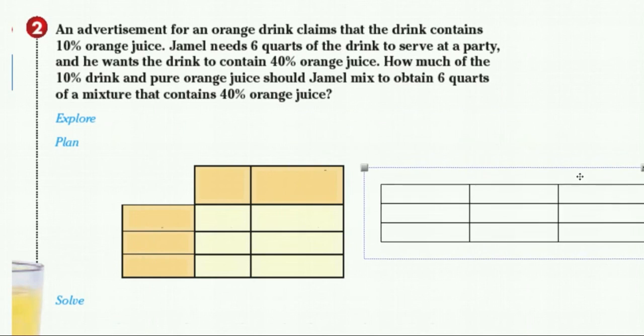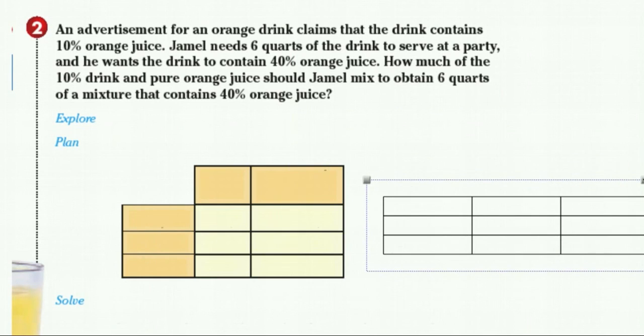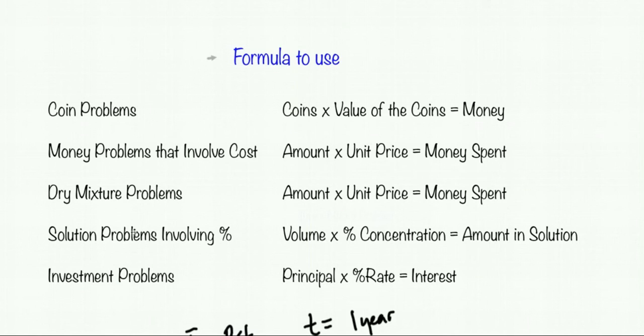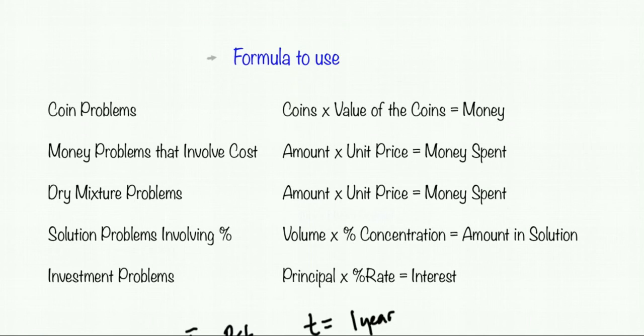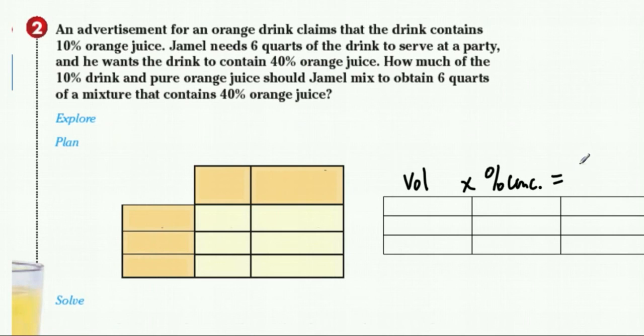So this is the table we talked about, and the formula on top would be this one right here. Okay, solution problems involving percent means the volume times percent concentration will be the amount in the solution. So this will be our volume, percent of concentration, and the amount in solution.